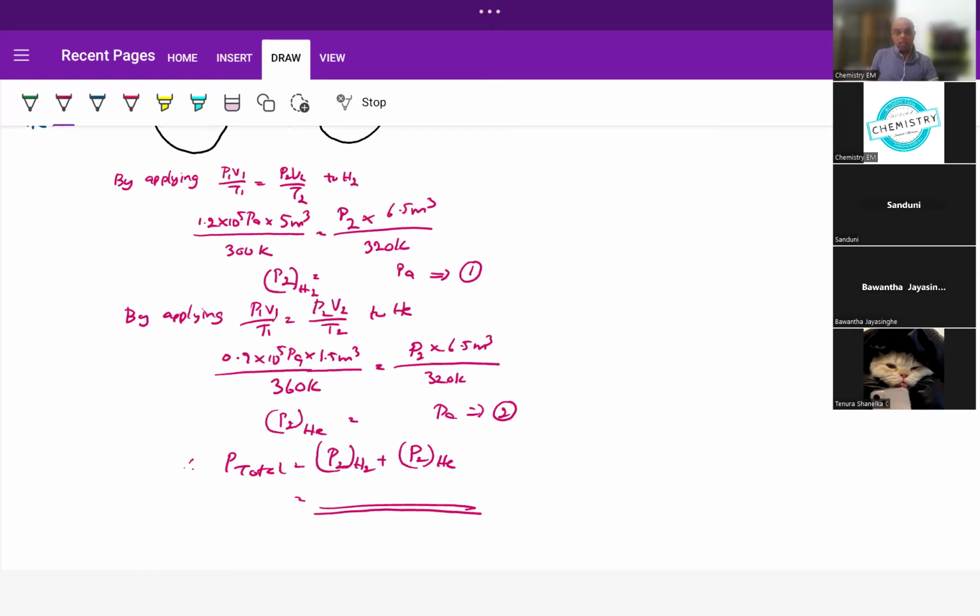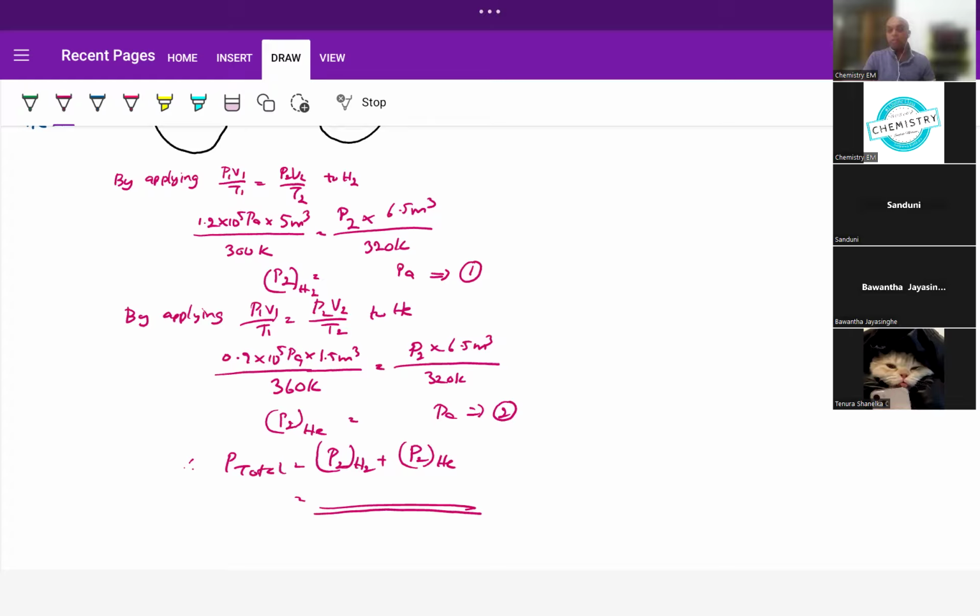The reason is hydrogen is in a separate status, in status 1, with separate volume, separate temperature, and helium is at a separate pressure and separate temperature, and also in separate volume. So therefore you can't combine these two in these two statuses. But in the second status, you can consider the hydrogen and helium as a combined one.